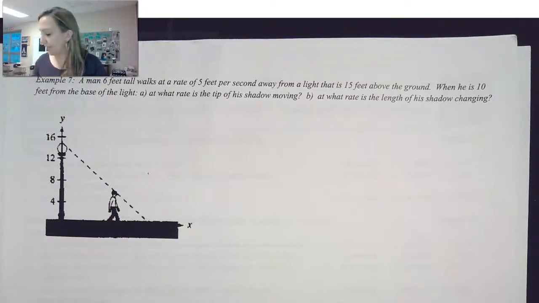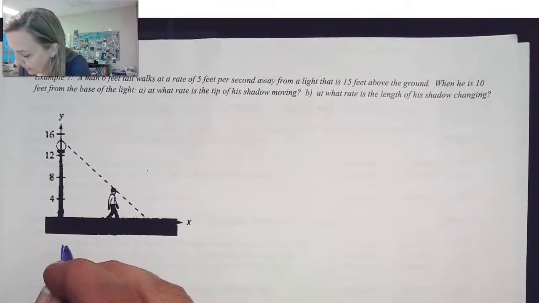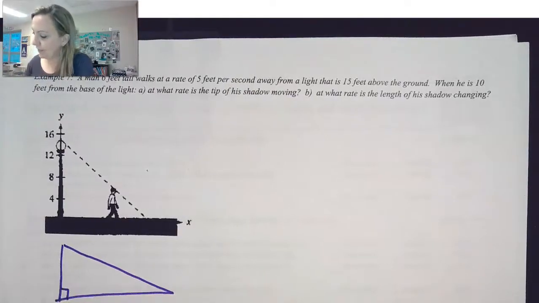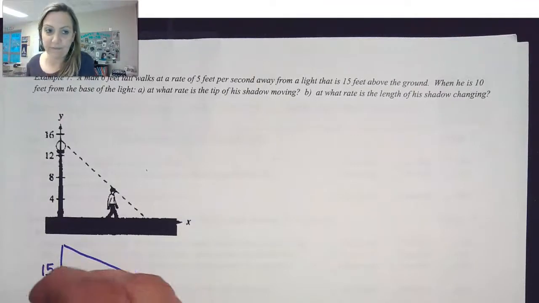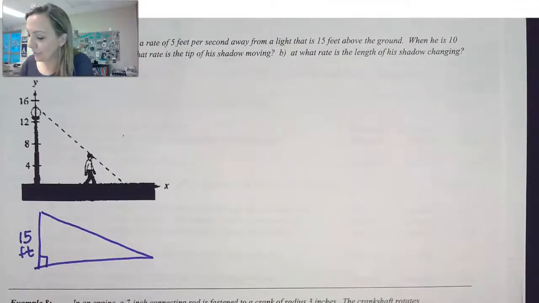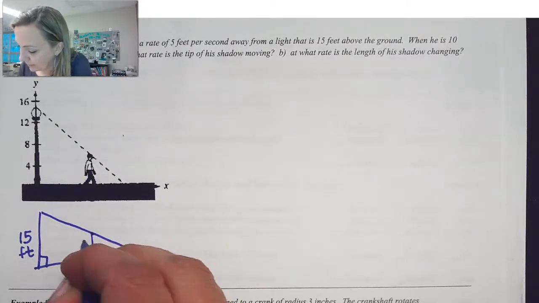Okay, let's draw another picture for this. I know that we have one here, but I'm going to mark it up because you can't really see anything, since this is all dark from the copy. In this problem, we know that the lamp post is 15 feet above the ground, so this is 15 feet. And here's the man, who is 6 feet.